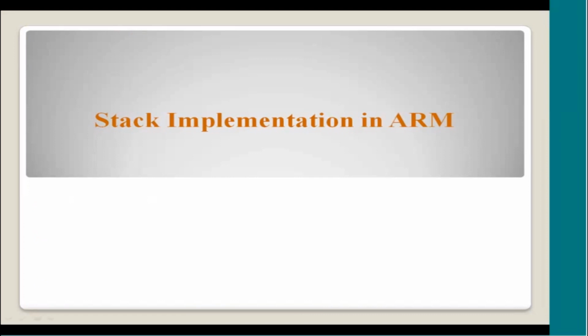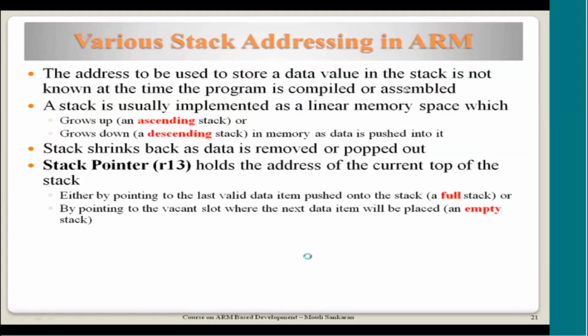Now let us see how the stack is implemented in a processor. The address to be used to store a data value in a stack is not known at the time of writing the program, right? So the stack is usually implemented in a linear memory space. As I told you, the stack can grow, but it can have two options. Either it can grow towards a higher address, or it could grow towards a lower address.